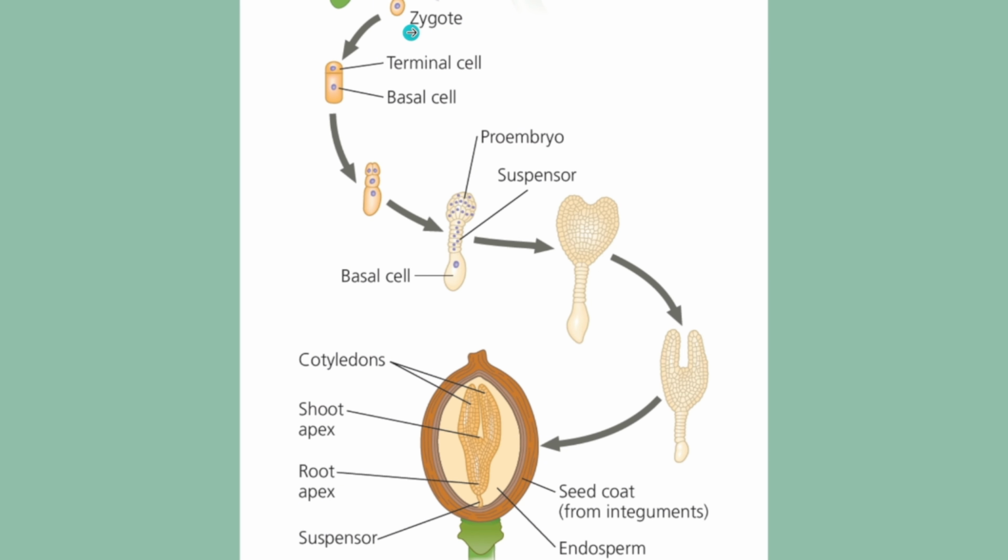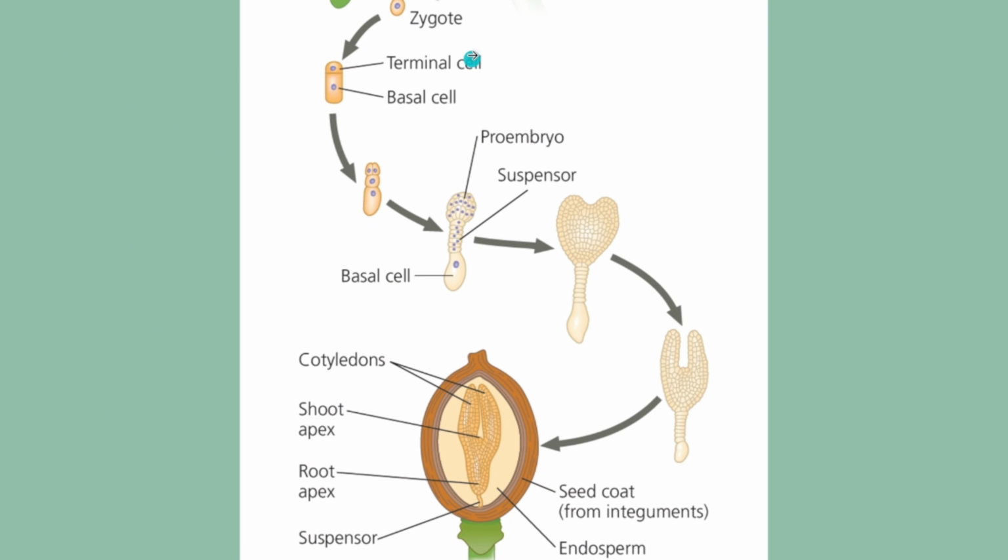After fertilization, the zygote starts to undergo mitosis to form the multicellular embryo. The first mitosis of the zygote forms the basal cell and the terminal cell.